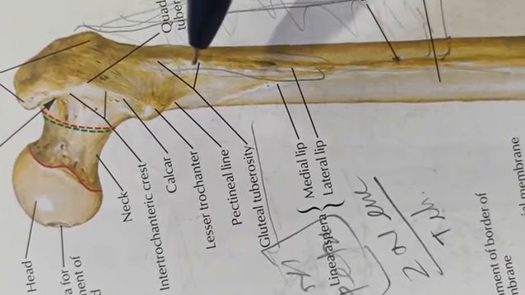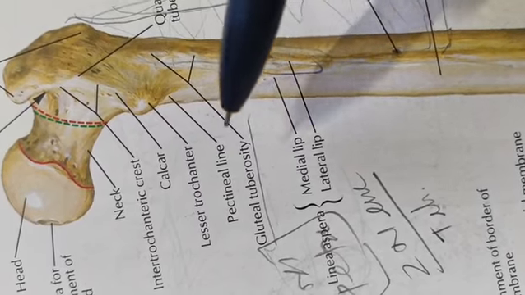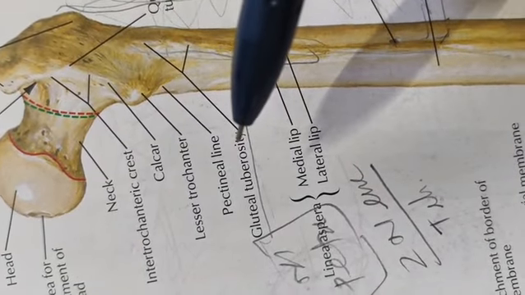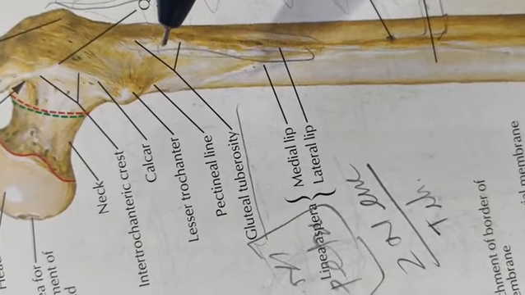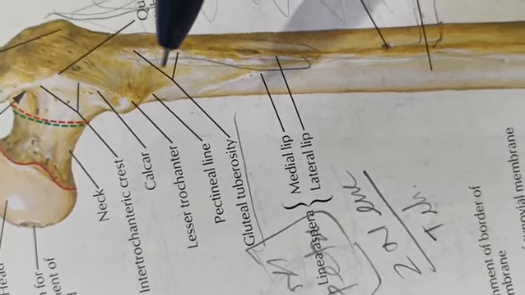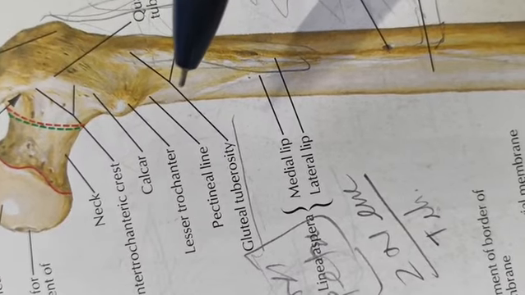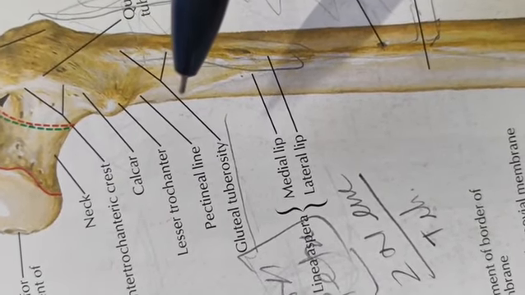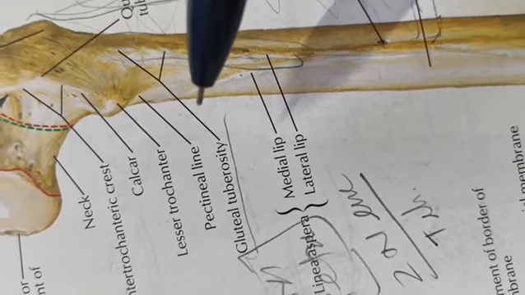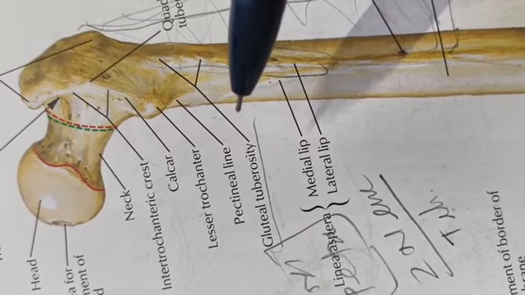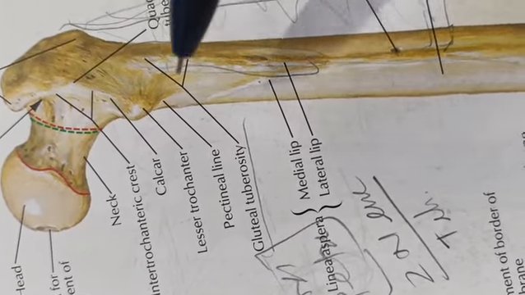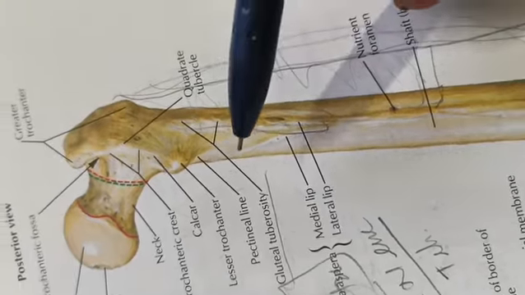Okay, so this is the gluteal tuberosity. 1/4 part of gluteus maximus is attached to this, and the major 3/4 part is attached to the upper part of the iliotibial tract, which splits into two laminae, the superficial and deep laminae. So this is the gluteal tuberosity.